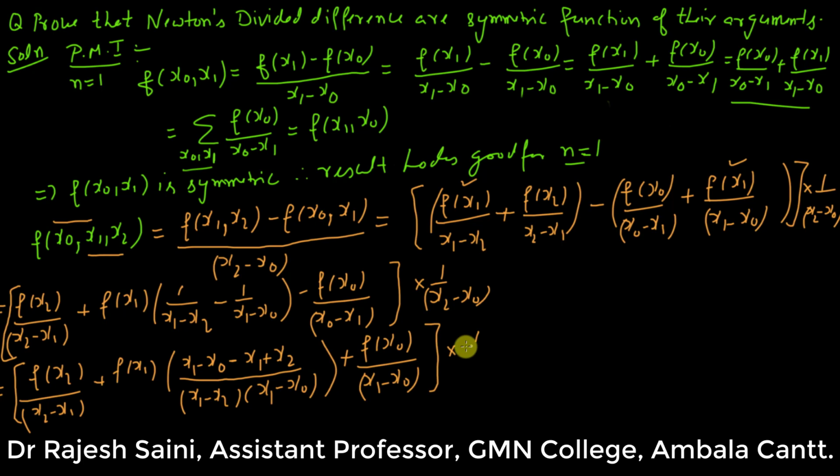And outside is 1 by x2 minus x naught. This will cancel out, so we are left with x2 minus x naught, and outside is x2 minus x naught.